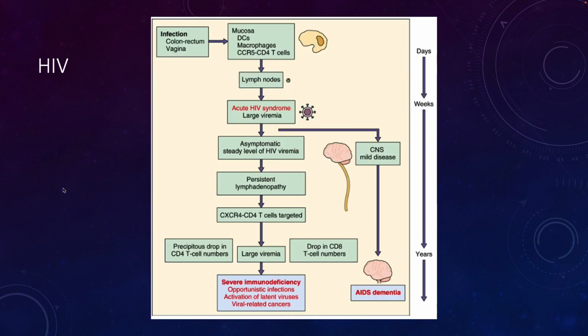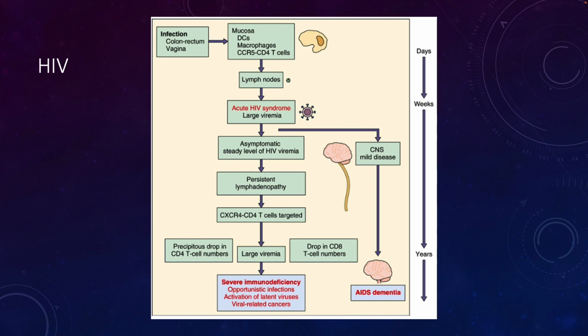Okay, so what happens when a patient has HIV? You have infection. This is looking at sexually transmitted infection, but again, it could also go directly into the bloodstream through infected needles or things like that. It will get into cells of the immune system, eventually into the lymph nodes, and a patient will have a relatively high viremia and experience what's called acute HIV syndrome.